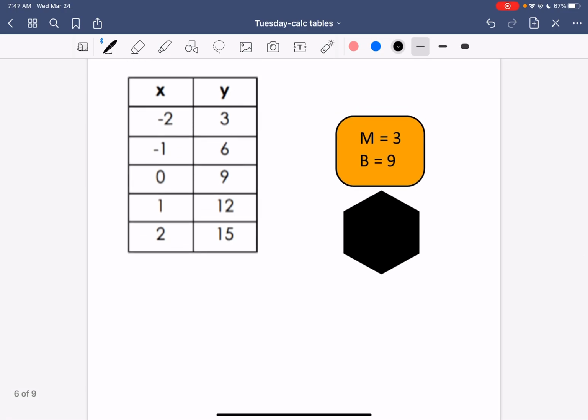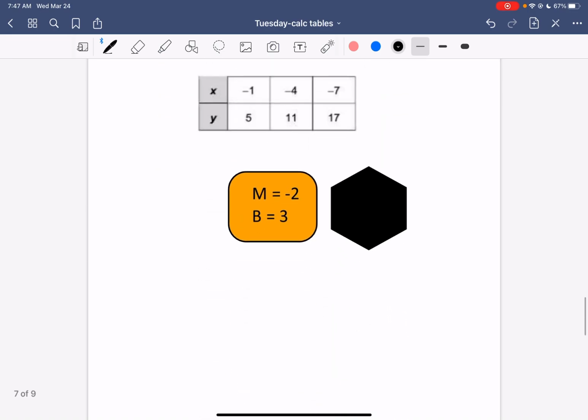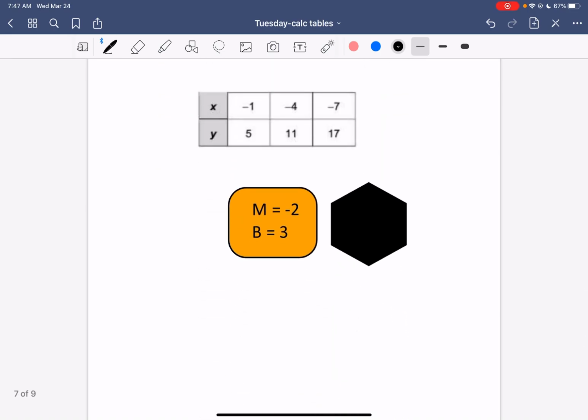Pause and work on this one. Pause and work on this one. And again, if you're struggling with the calculator portion of it, go back to the beginning and watch the example again of how I worked through the calculator.